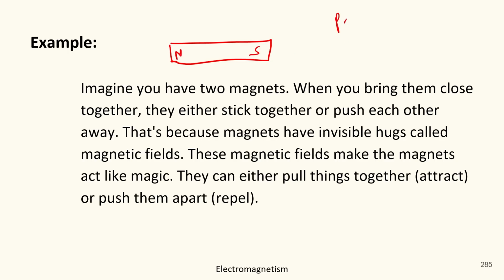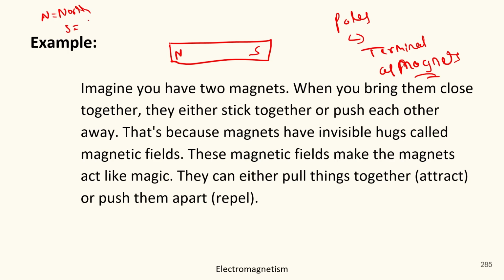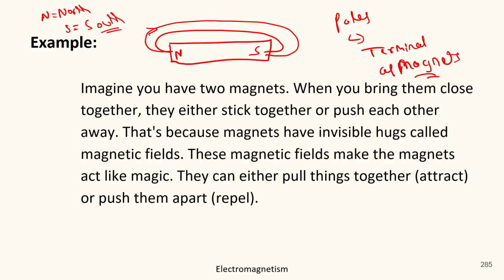Magnets have poles, and these poles are basically the terminals of magnets. Like in this case, these poles are represented by N, the north pole, and S, the south pole. The magnetic field lines originate from the north and converge at the south.